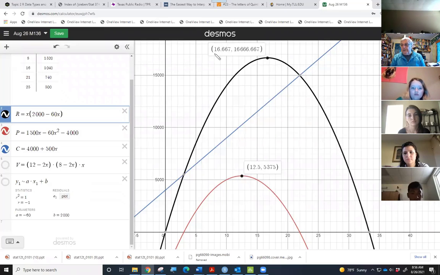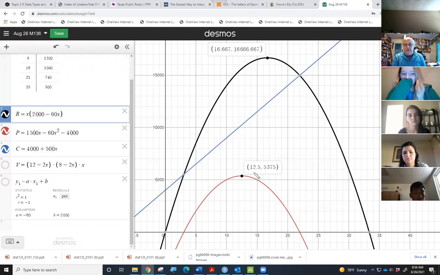Well, I'm thinking they're probably not the same, because there's more to figuring out what your profit is than figuring out where your revenue is maximized. I get the maximum revenue at 16,000 and 2/3 units, but it costs me a lot to produce those.